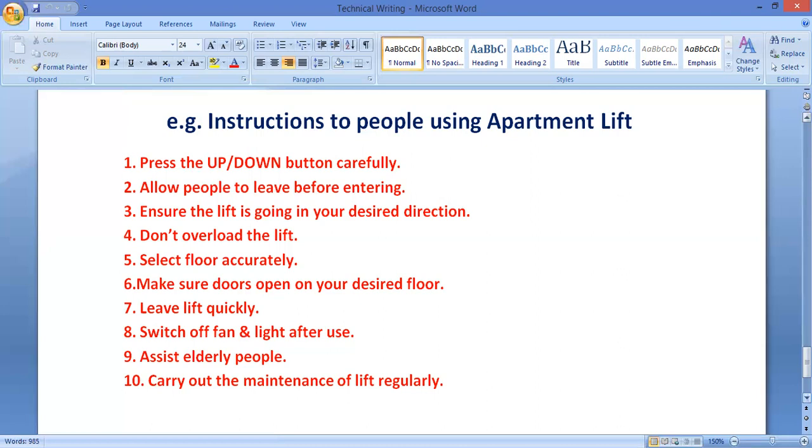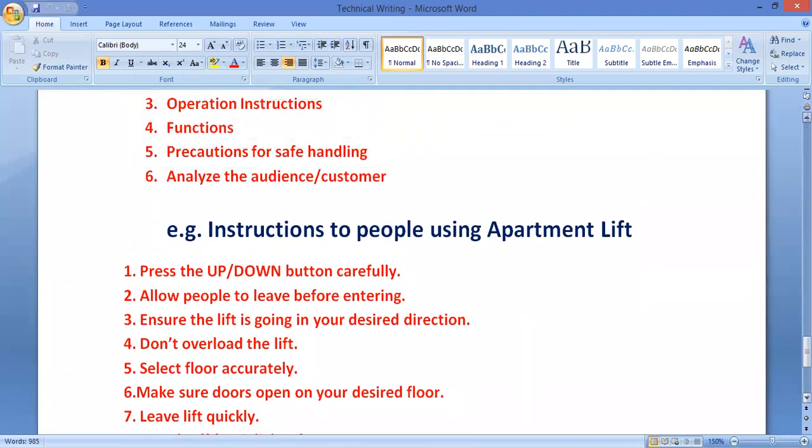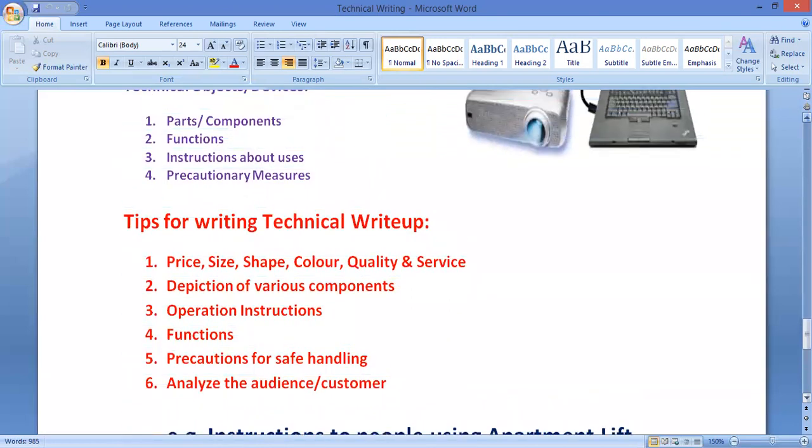Hope you have understood these technical writing skills. If you have any doubt about technical writing, you can raise your doubts.